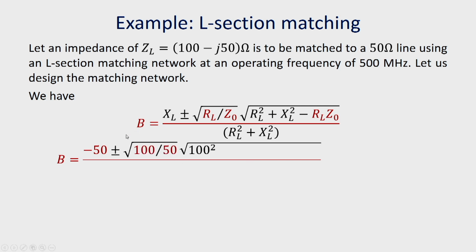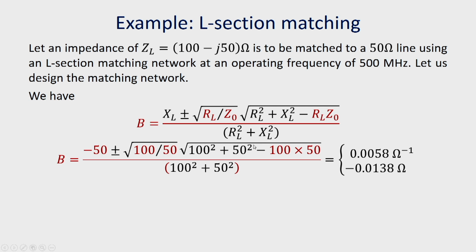B is equal to minus 50 plus or minus 100 by 50, root of 100 square plus 50 square minus 100 into 50, everything under root, divided by 100 square plus 50 square.